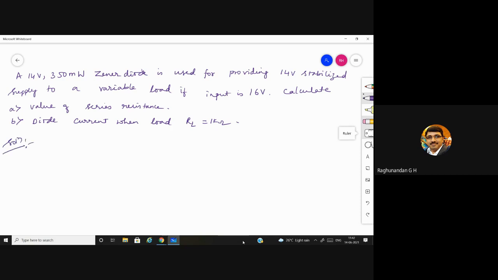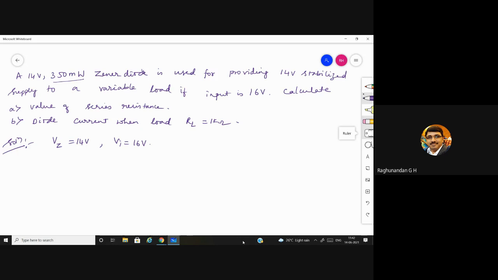So in the given case, they have only told 14 volt, so the Zener voltage will be 14 volt, and input is 16 volt, and 350 milliwatt Zener diode.